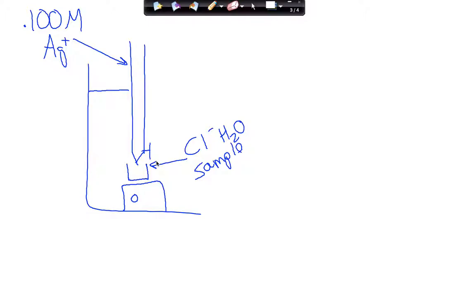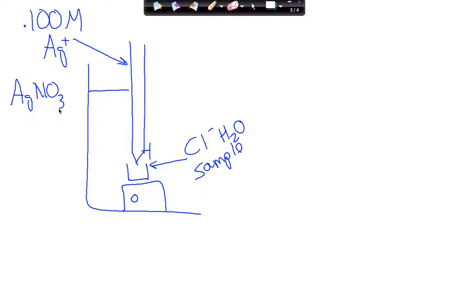Get a salt. Guys, that's what we're actually doing here. This is not silver dissolved in water. We need a silver-containing salt that is soluble in water. Guys, in lab, the one that we like to use is silver nitrate. So why is silver nitrate a great choice? Nitrates are always soluble in water.